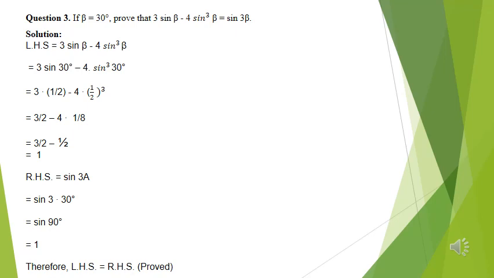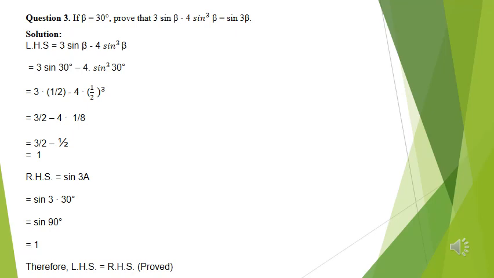So here we put the value of beta, and we get 3 sin 30 degree minus 4 into sin cube 30. After putting the value of sin 30, we get 3 into 1 by 2 minus 4 into 1 by 2 whole cube. After doing this calculation, we get 3 by 2 minus 1 by 2, which is equal to 1.